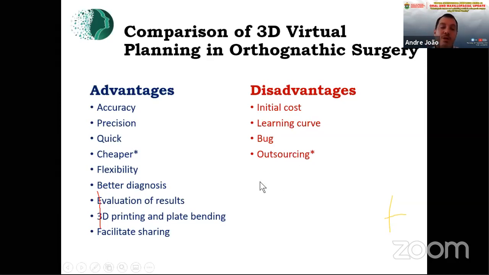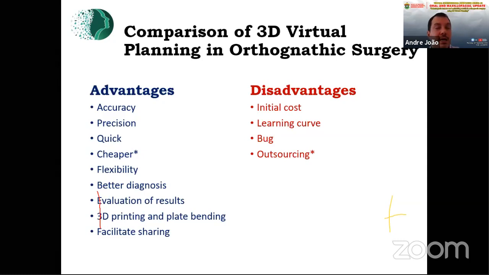And another thing that I put as a disadvantage is outsourcing. There are a lot of surgical plans where surgeons are transferring their responsibility to plan the case to the center. They give the center basic information, and a technician does all the planning. And the surgeon just checks if it's okay. But I think it's not the best way.